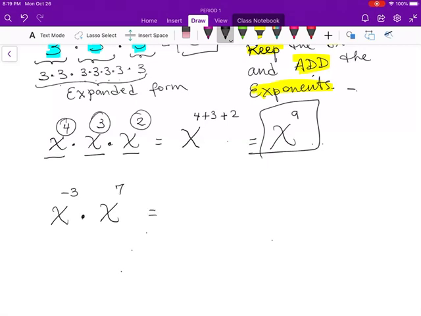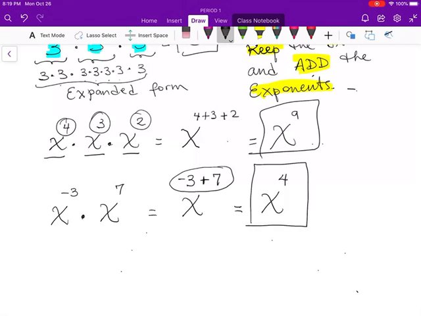One more time, you're multiplying and your bases are the same. The rule says keep the base, add the exponents. So we have negative 3 and positive 7. Following the rules for integers, we get positive 4. We subtract because the signs are different, and keep the sign of the highest absolute value.